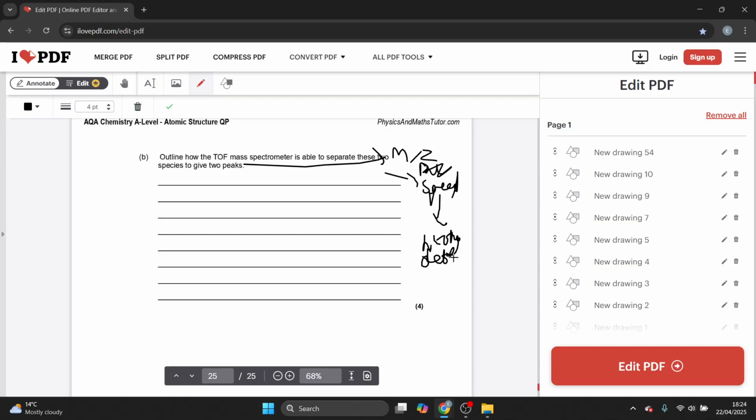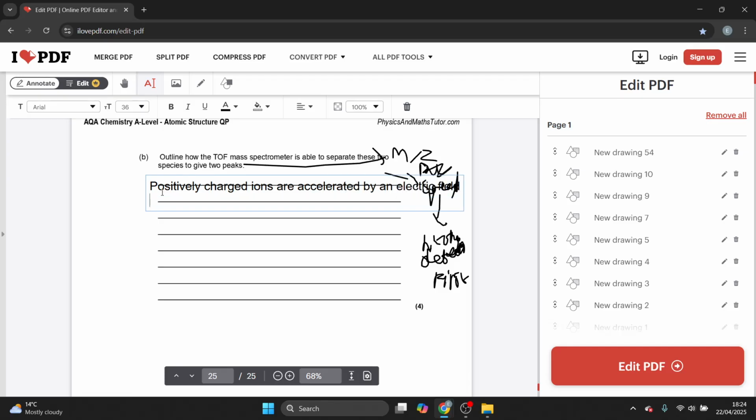So I would probably say the positively charged ions are accelerated by an electric field to a constant kinetic energy.